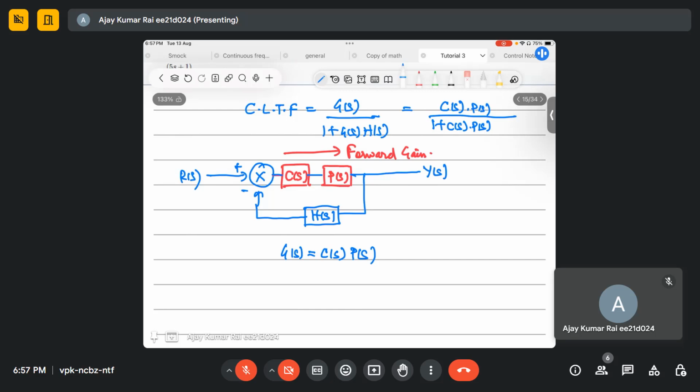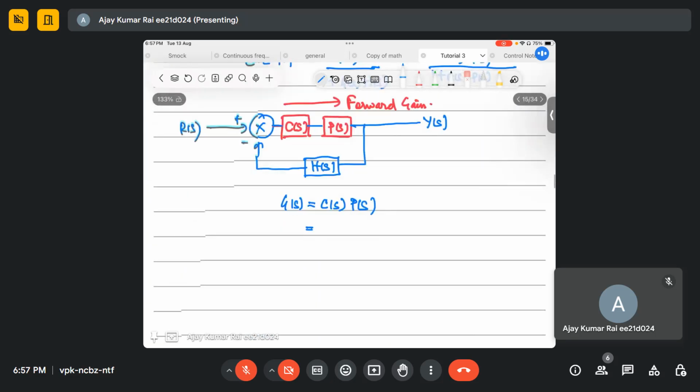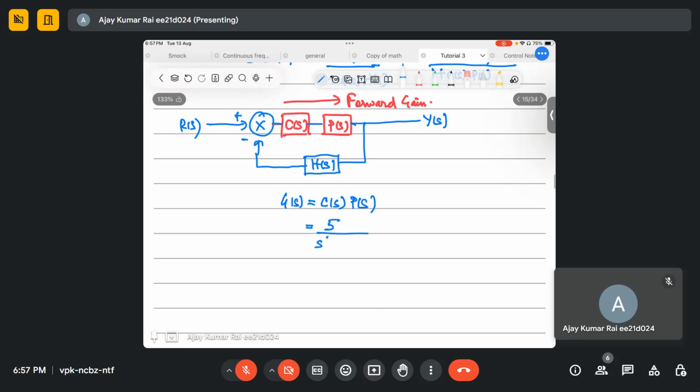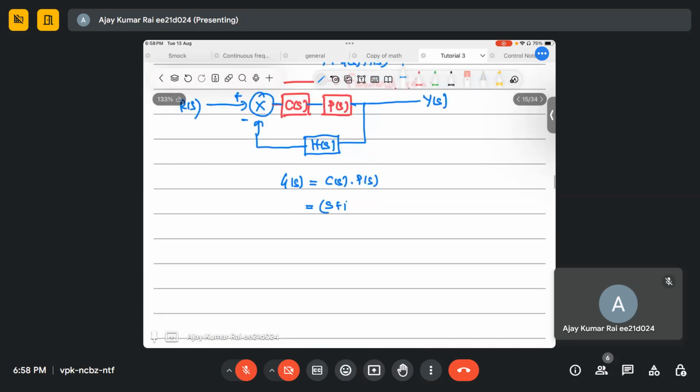So let's first find G(s), which is C(s) into P(s). C(s) is given in the question as s plus 1, and P(s) is given as 5 by s square minus 2s.